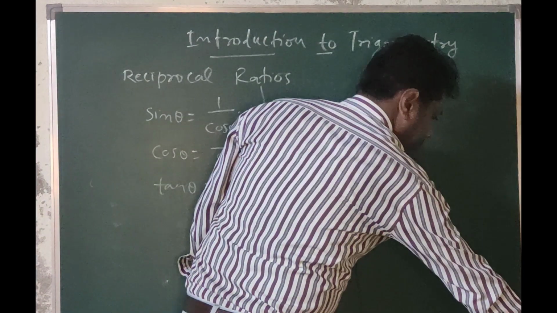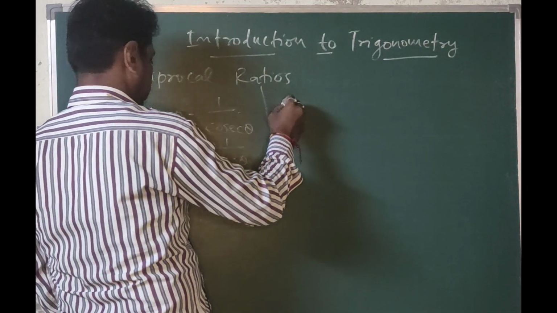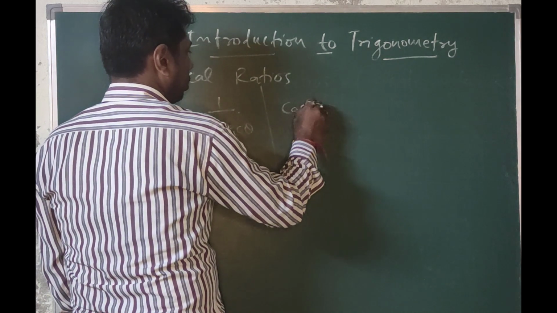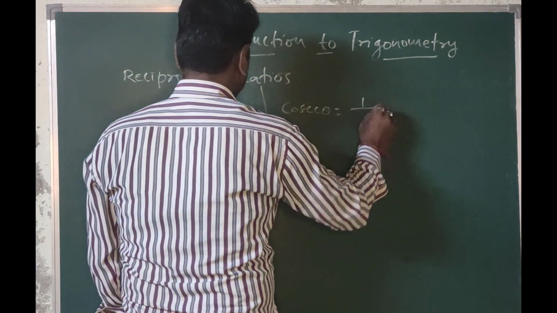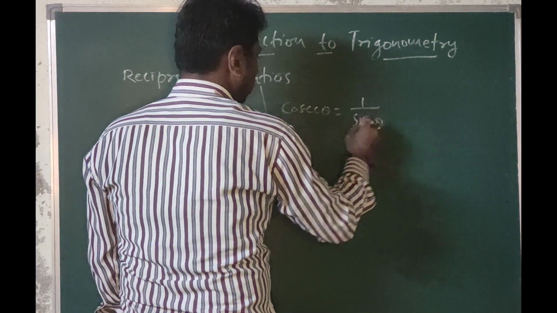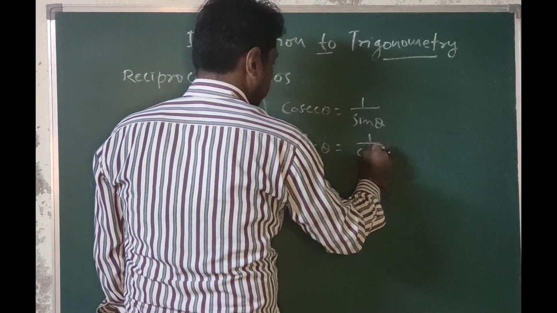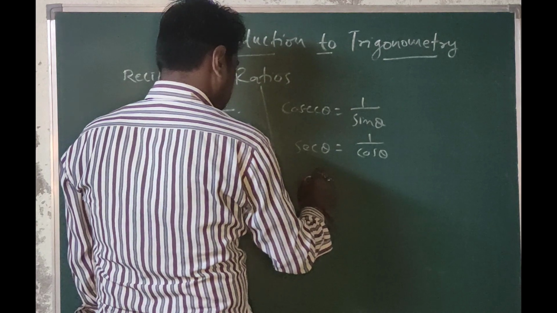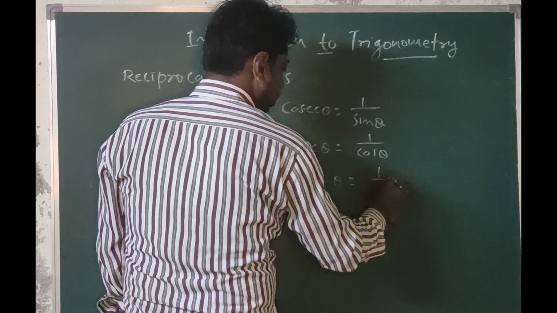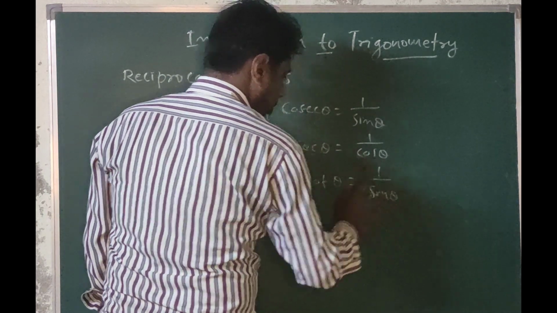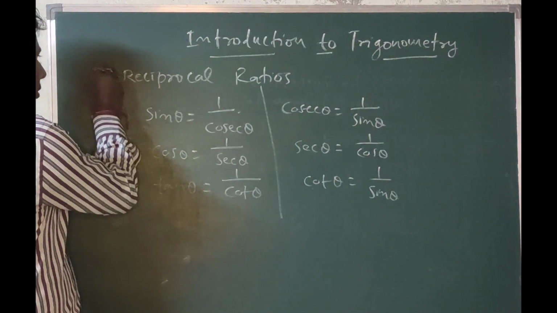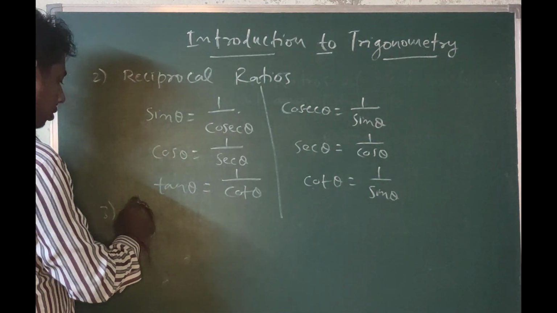Similarly, cosec theta equals 1 by sin theta, sec theta equals 1 by cos theta, and cot theta equals 1 by tan theta.